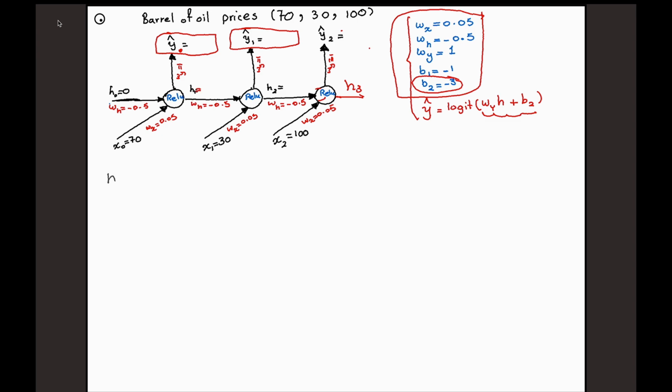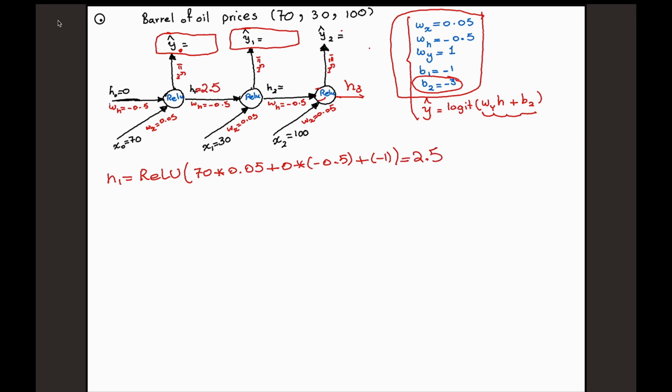So H1 would be ReLU of 70 times 0.05 plus 0 times negative 0.5 plus its bias, which is -1. And that gives you 2.5. So this will be 2.5. That's the hidden state.